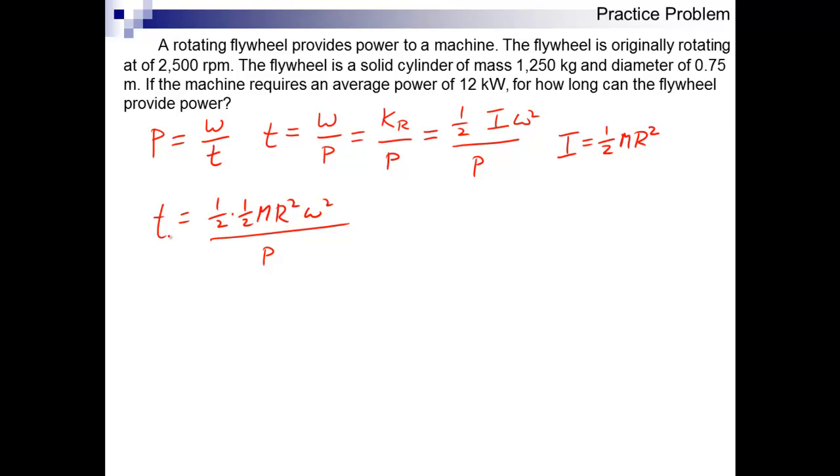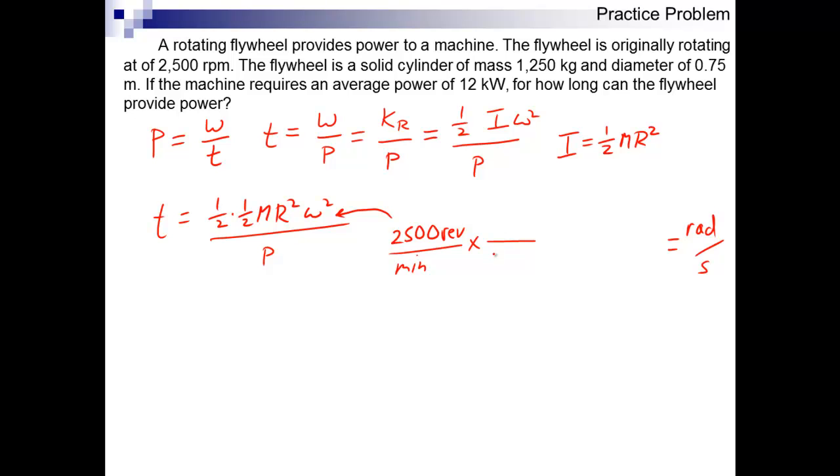And the only thing that we need to convert is this angular velocity, where they've given us 2,500 revolutions per minute. We need to convert that so that we eventually get radians per second.